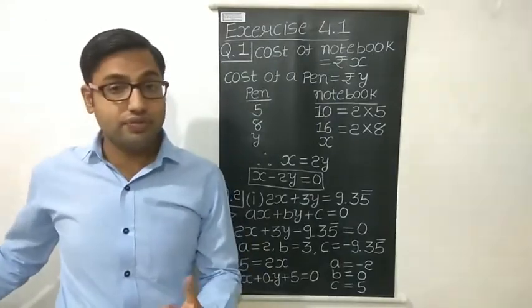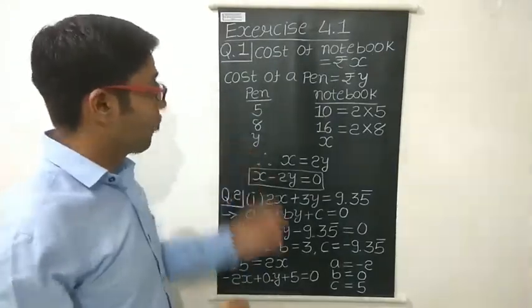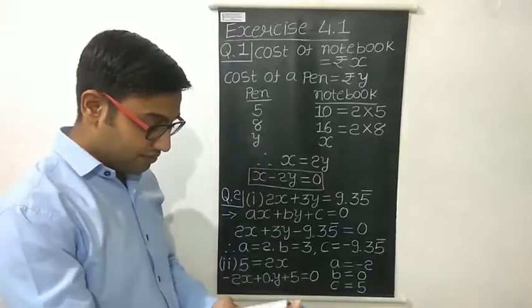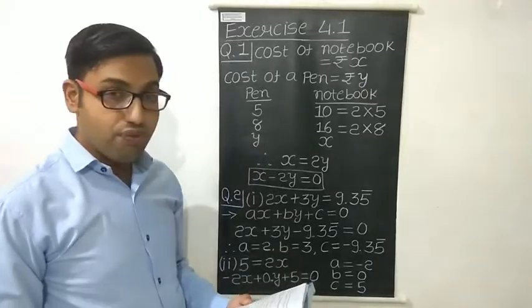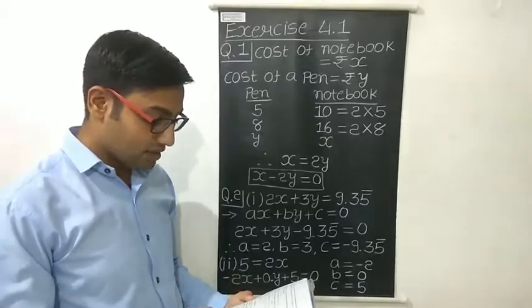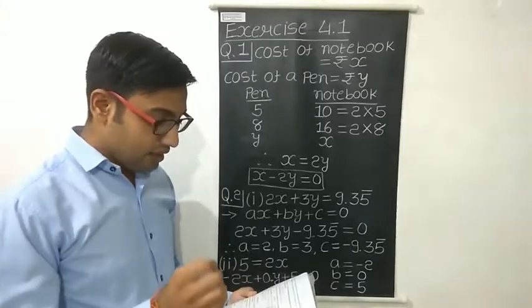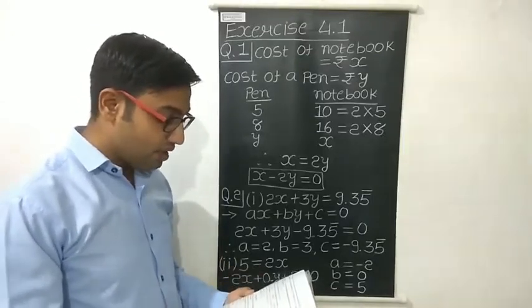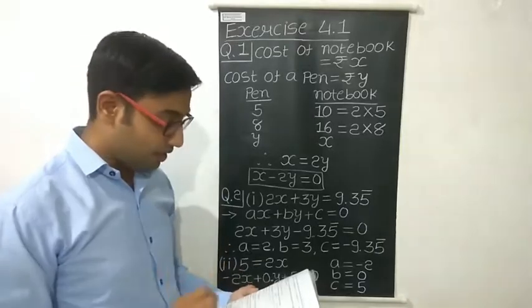So let us study some exercise sums based on what we have studied earlier. What is the question? First question of exercise 4.1. The question is, the cost of a notebook is twice the cost of a pen. Write a linear equation in two variables to represent this statement.